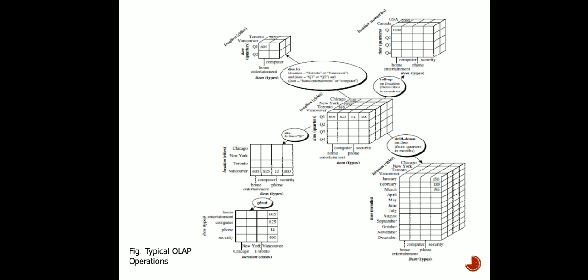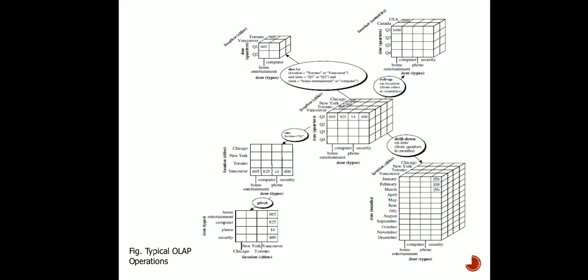Fine. The first operation we have to see is roll up or drill up, which means we have to summarize the data. Just focus on this one here. In the middle we have one cuboid where time has been divided into 4 quarters: Q1, Q2, Q3 and Q4.